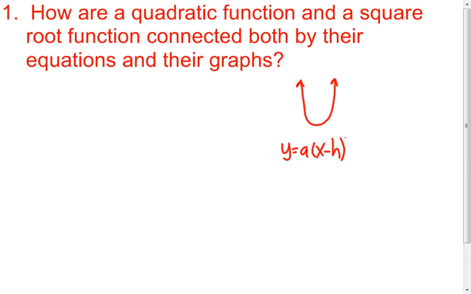Hopefully this is coming back to you. And then a square root function is half of that. So it either is like this or it's like this. And of course, in vertex form, the equation for that goes like this. Okay, so I want you to think about how those two things are related when you answer that question.